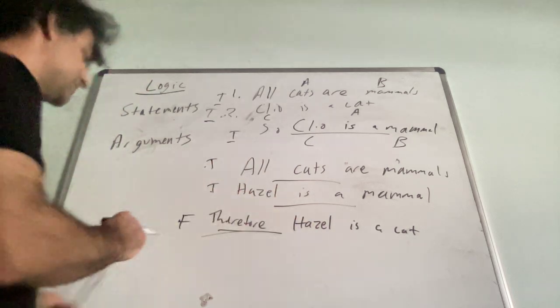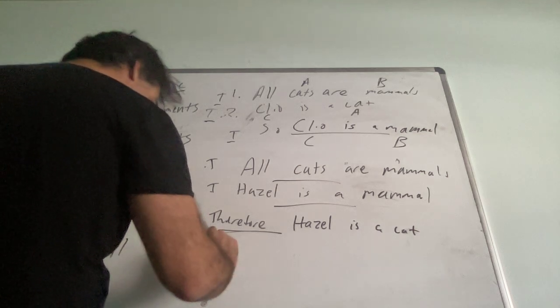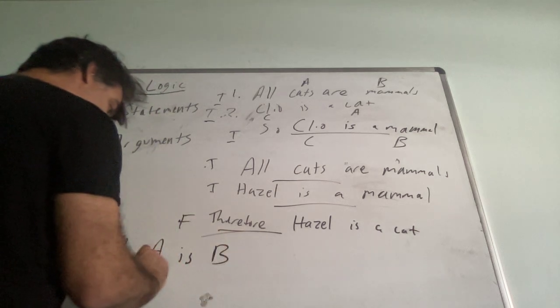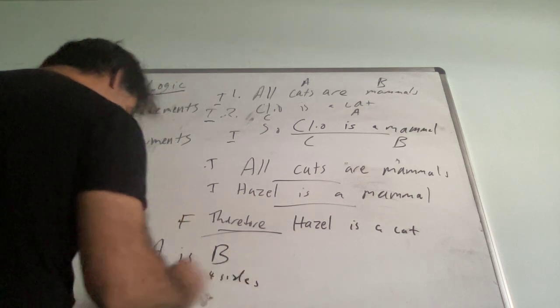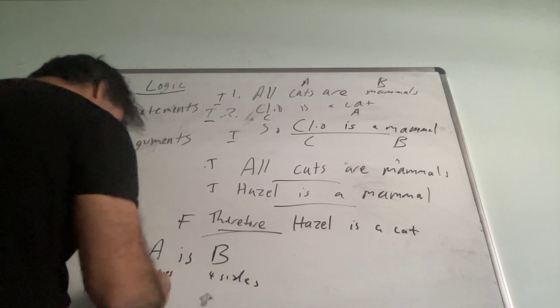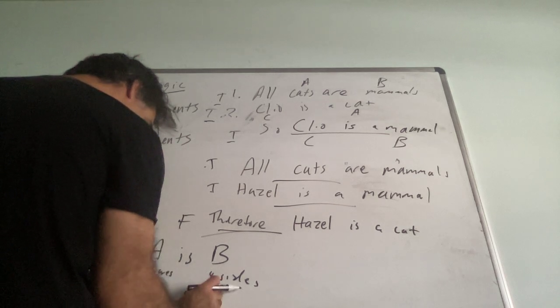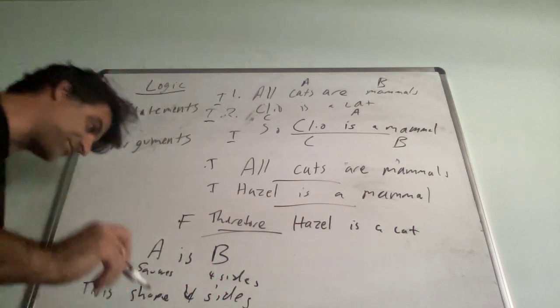This pattern of reasoning is all A is B, right? All squares have four sides, right? Then this shape has four sides, right? With the sticker. Therefore, it's a square. No, that's bad reasoning.